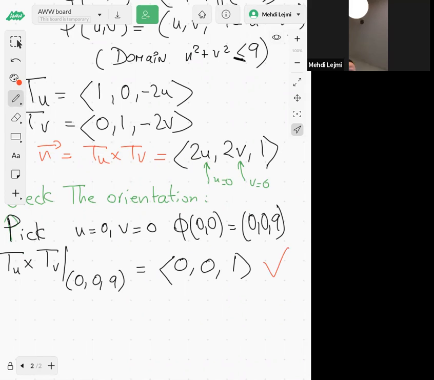And now we can evaluate our integral, just to say this is the right orientation.